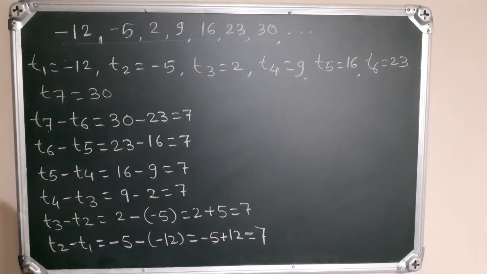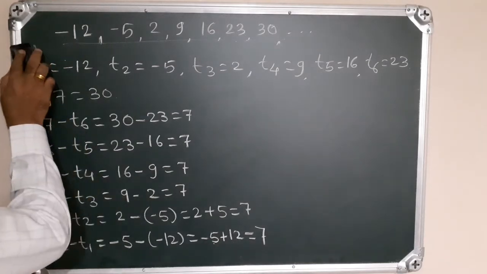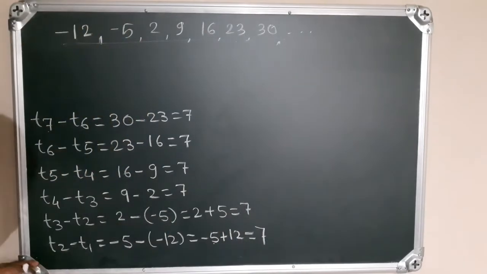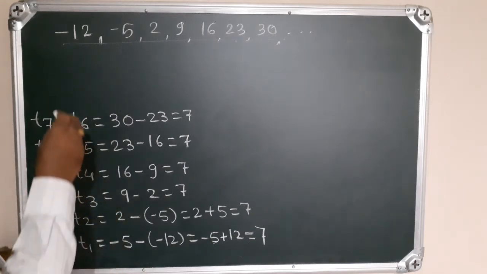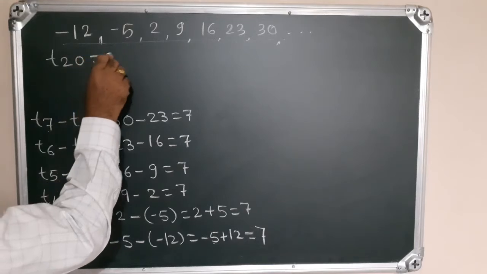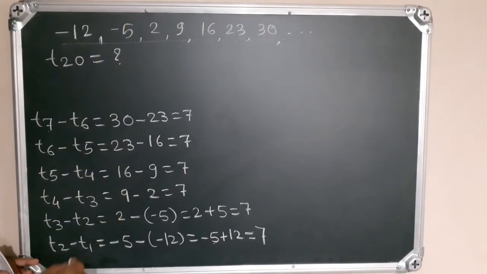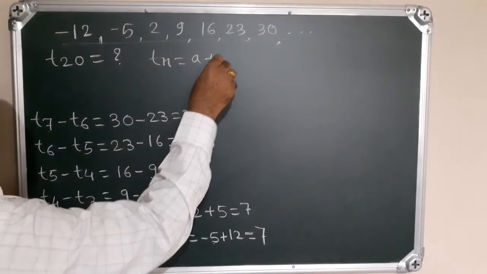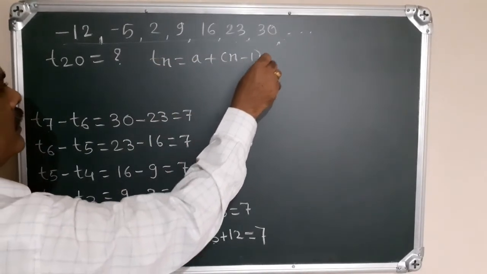If this is an AP, then we have to find the 20th term of this AP. 20th term means we have to calculate T20 equals question mark. So we know the formula Tn is equal to a plus n minus 1 into d.